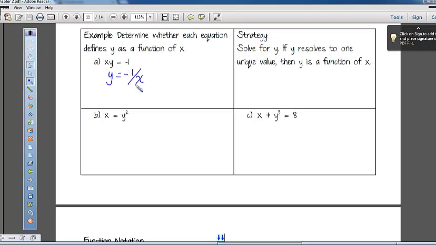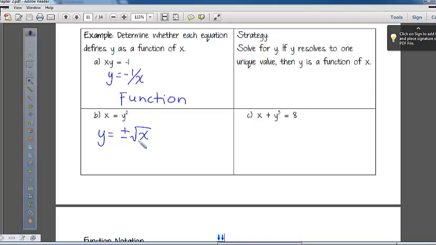For each x value that I put into that expression, how many y values do we get out? One. So this is a function. Versus in B, to solve for y, what do I need to do? Take the square root, and we end up saying plus or minus the square root of x.